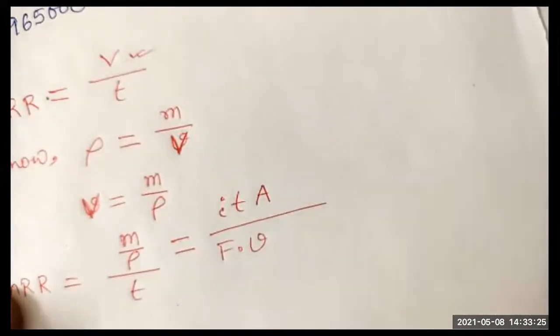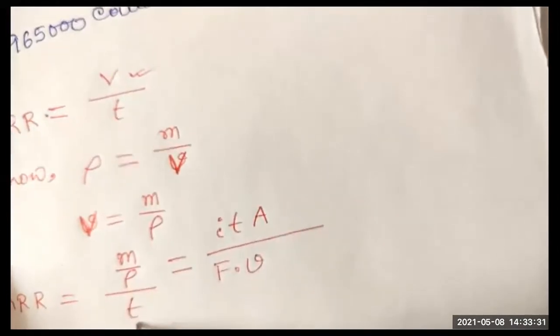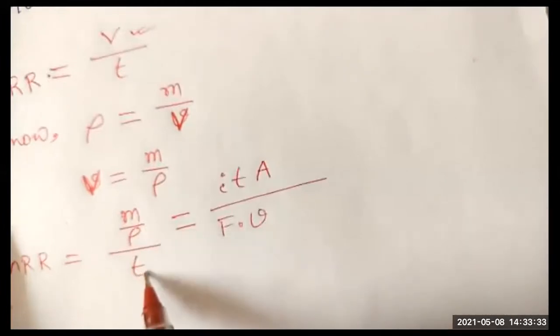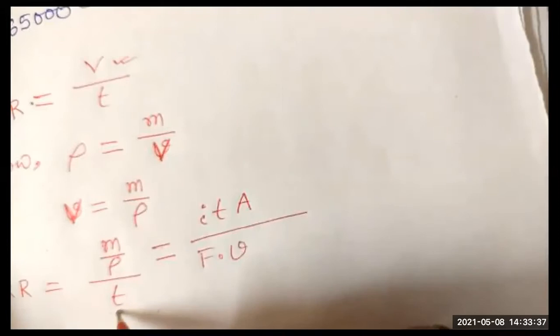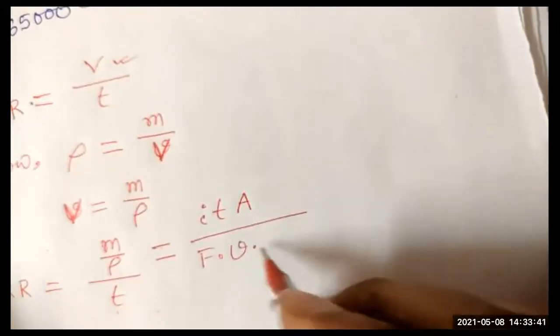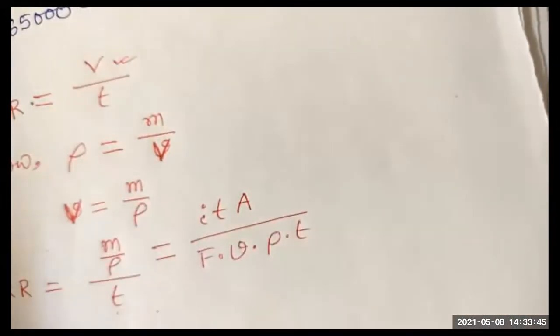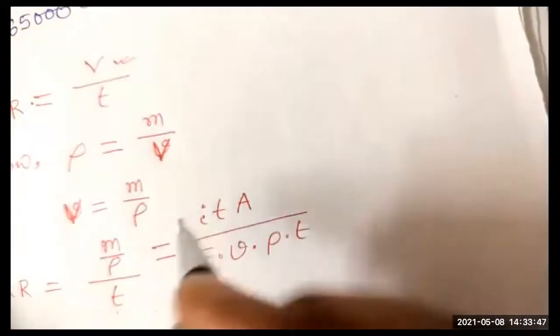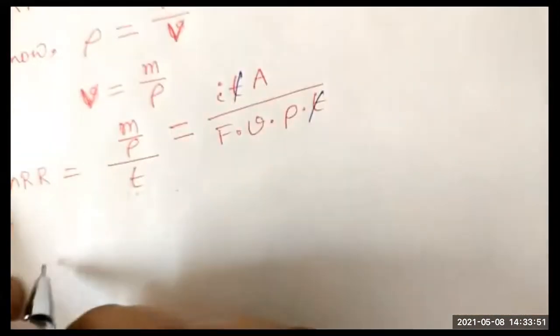Okay. Clear. Now, here what else we have? We have got rho and time. So, rho will also come down, and this also is here in the denominator. So, we will have rho t. And you can find from here that we are having two t terms.